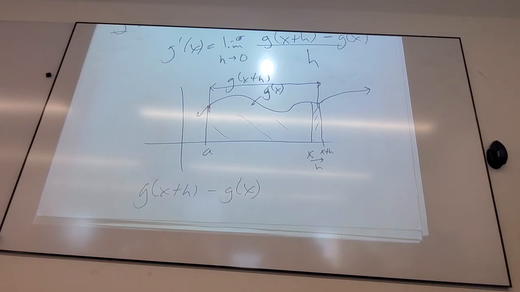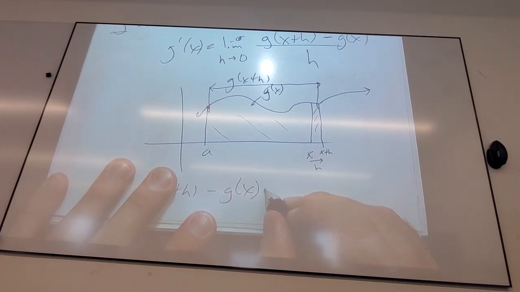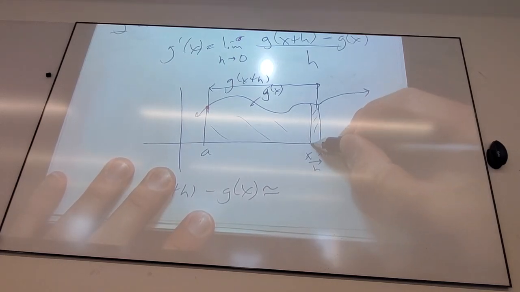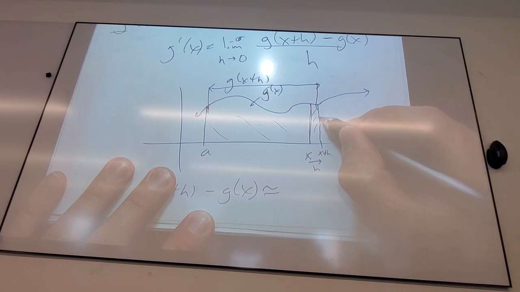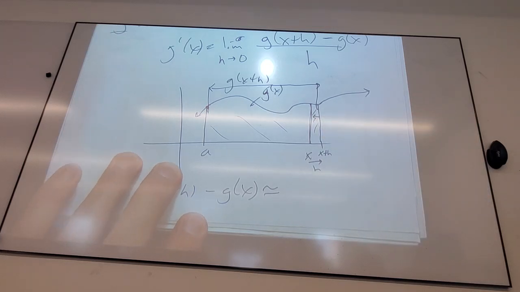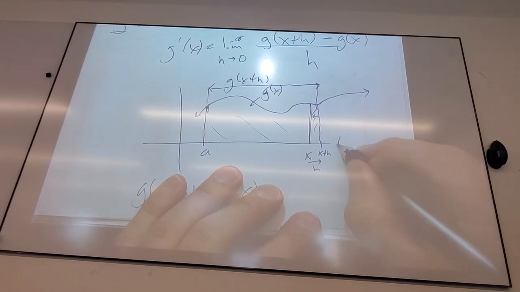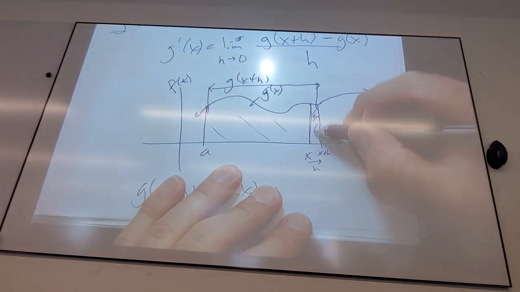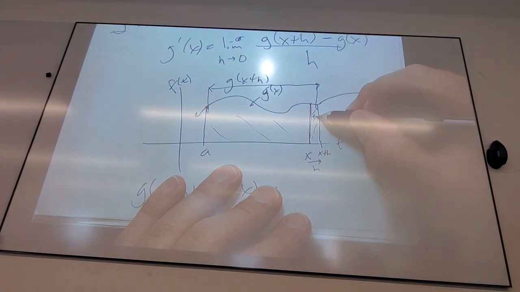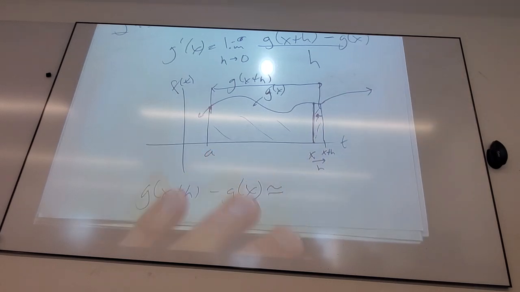So this is approximately a rectangle. How tall is this rectangle, especially considering I'm letting h get really small? Let me put some stuff in. This is t, this is f of t. I'm letting h get really small, so how tall is this rectangle?